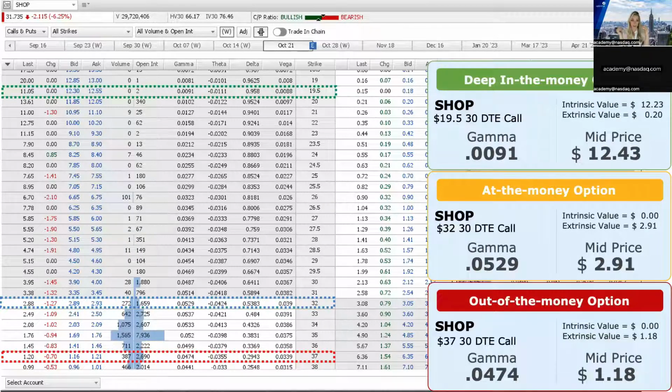For a long call, if delta is at 1, that means gamma has done its job, so gamma is going to go to 0. It's already at its destination, with no further to go. If delta is at 0, gamma has a long way to get to its destination.